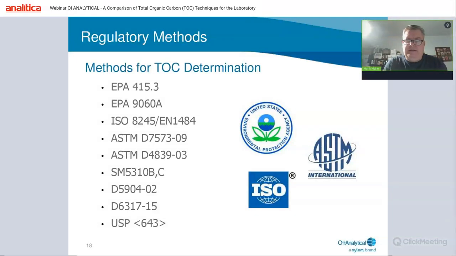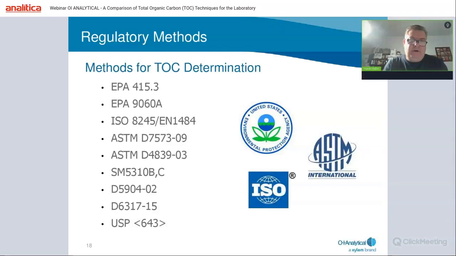There's EPA 9060A, that is a RCRA method, and that is mostly used where you use a solids module, and we have a solids module that interfaces to our Aurora TOC product line.